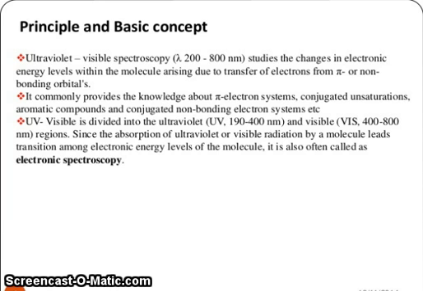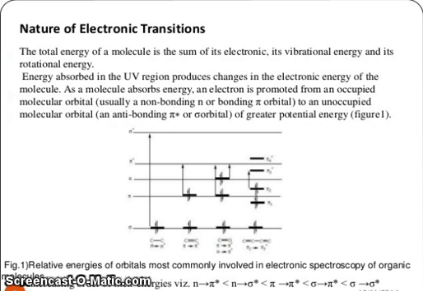UV visible is divided into the ultraviolet and visible regions, since the absorption of ultraviolet or visible radiations by a molecule leads to transitions among electronic energy levels of the molecule. It is also often called electronic spectroscopy.